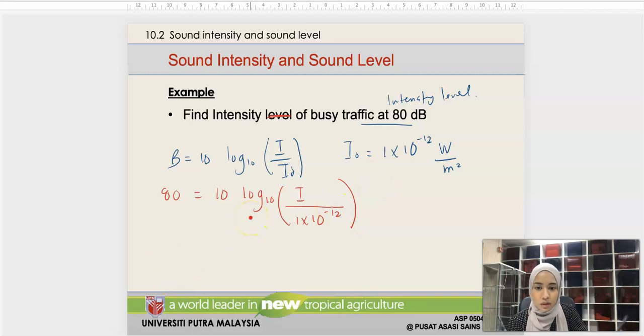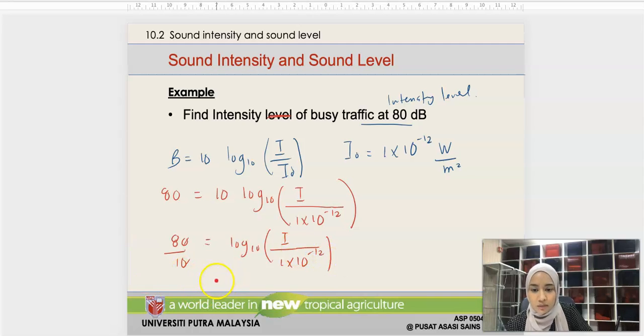How should you solve the logarithm? And I know math is something that you are not great at, some of you. So 80, what I do first is 80 divided by 10 gives me 8, right? And then I have log10 of I over 1 times 10 to the minus 12.